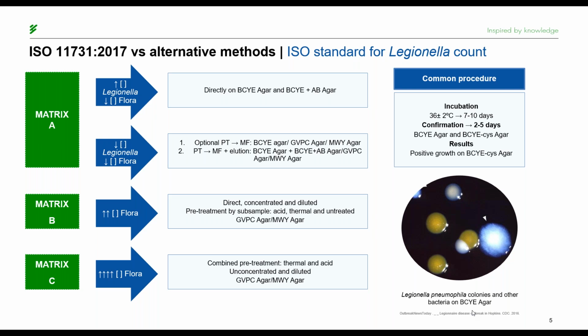We have here on the bottom right a picture of a colony of Legionella pneumophila on a BCYE agar plate, and we can observe it. It is bluish in color and glassy in appearance.